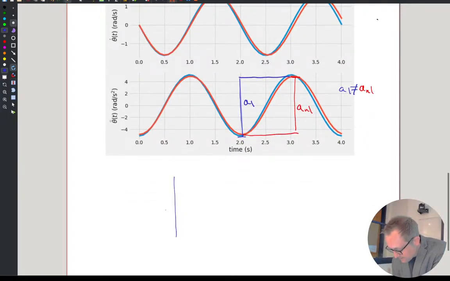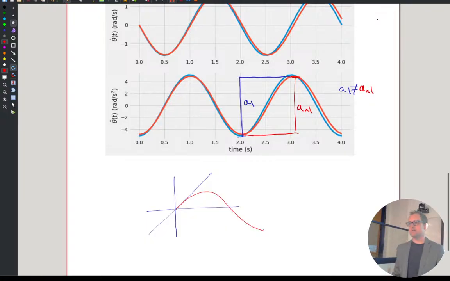And if you want to do the math version of it, that's our linear, and our nonlinear, whenever we're saying theta double dot equals negative g over L sine theta versus theta double dot equals negative g over L theta. I didn't put the negative sign because it's all positive, but that's all right.